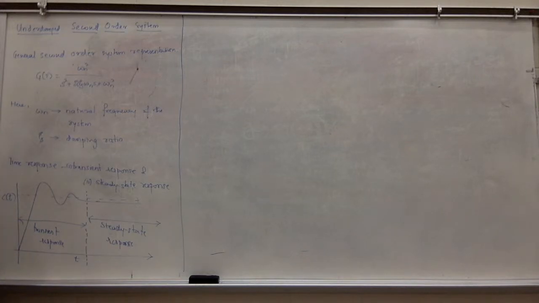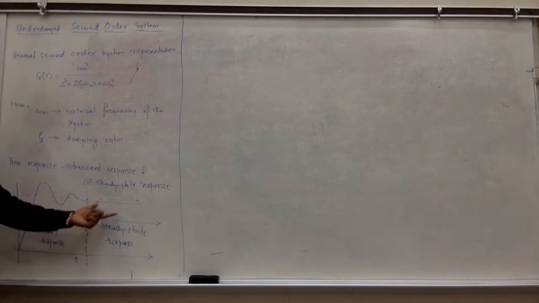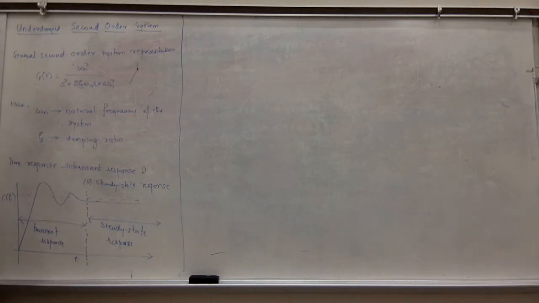Any system you take, when you give it an input, it will respond to whatever desired output. What is the desired output here? The desired output is this dotted line.